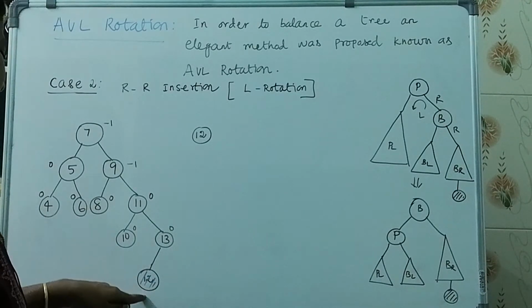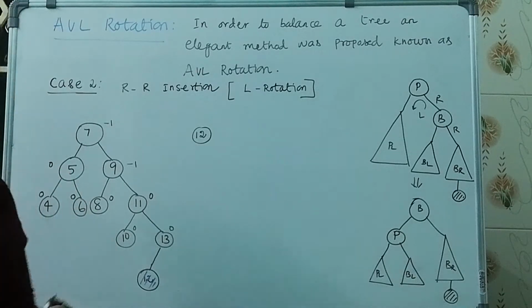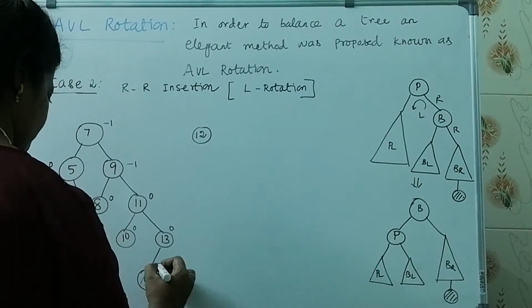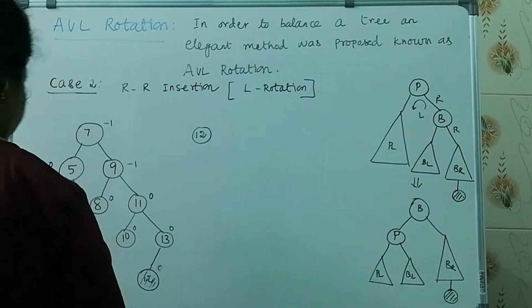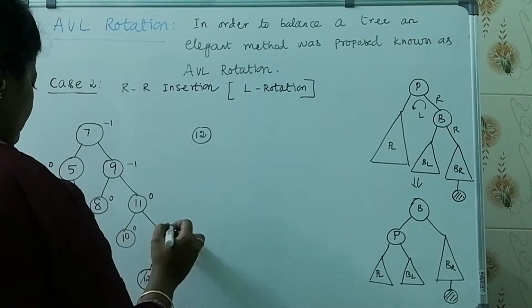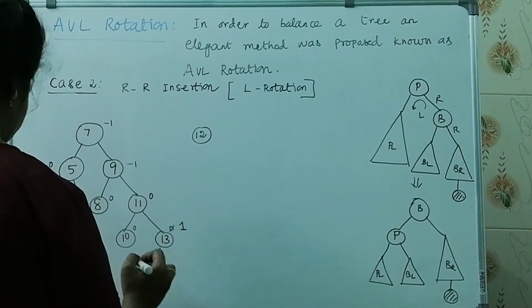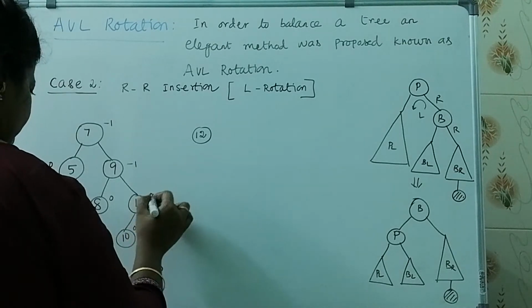Now let us calculate the balance factor after inserting the new node, which is 12. Previously the balance factor for this is 0. Now this is a leaf node, this is 0. Now the balance factor for this node is 1. Here there is no change. Here there will be a change.